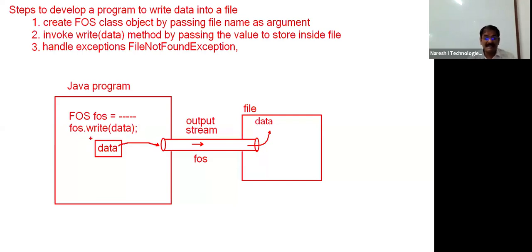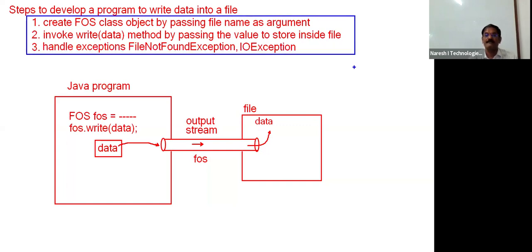By the time you are calling the write method, this connection may be closed. First the connection is there, for some reason the connection is gone. That means you constructed a pipe, but by the time you started the motor, the pipe connection may be broken. Then that exception I should handle, IO exception. File not found exception and IO exception. Two exceptions we should handle. Okay. Below program shows.